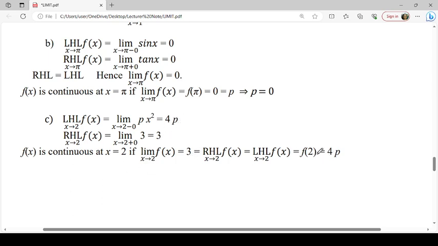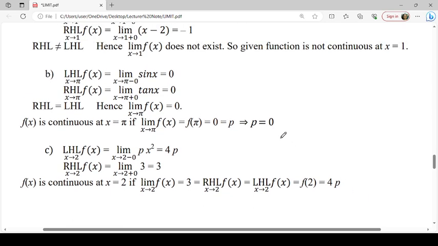So f of 2 equal to 4p, and this value is 3, so we must have f of 2 equal to 4p. So 4p equal to 3, then the value of p should be equal to 3 by 4.